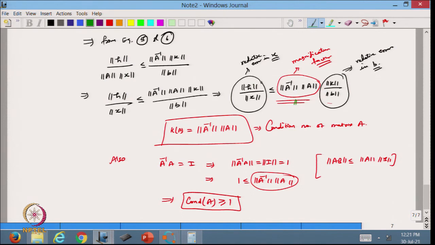So in that case the system will be well conditioned. Now from here I see that the condition number of the matrix is always greater than or equal to 1.